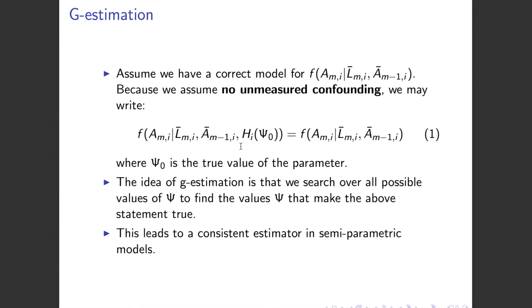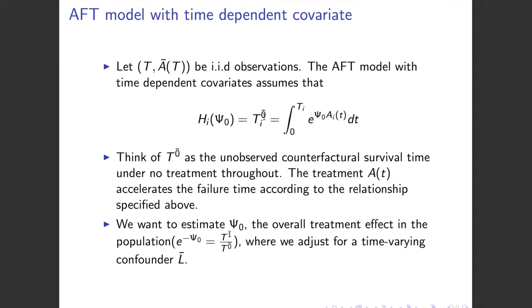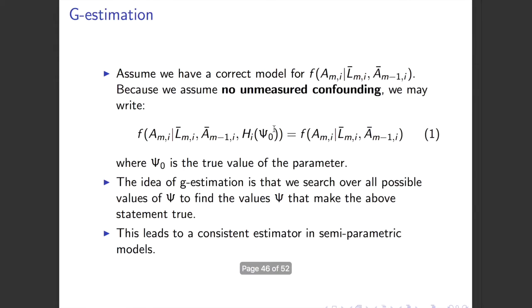So now we can write, because your counterfactual here I denote as H(psi 0), because this is a counterfactual. If you have the true parameter value of psi 0, then this quantity will become your true counterfactual. But if this is not the true parameter, then this is something you don't know what it is. So if you have the true counterfactual, the true counterfactual is independent of your current treatment given your past.